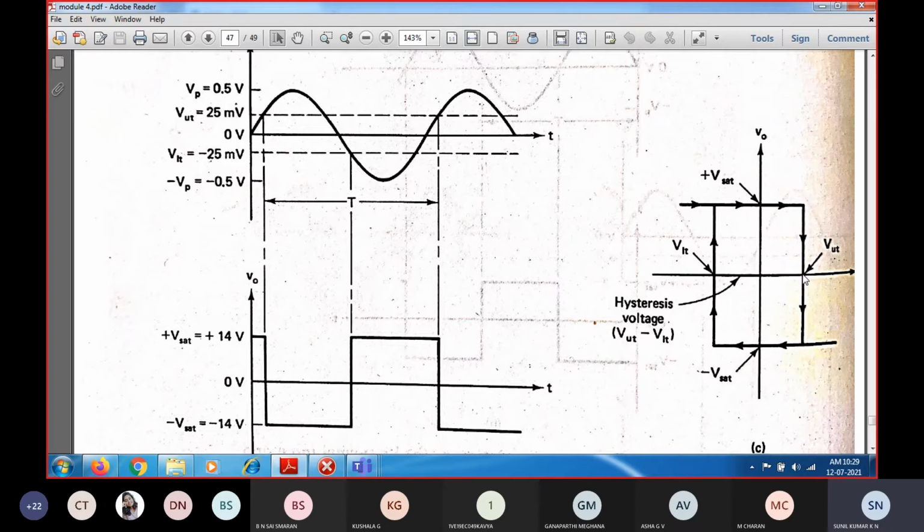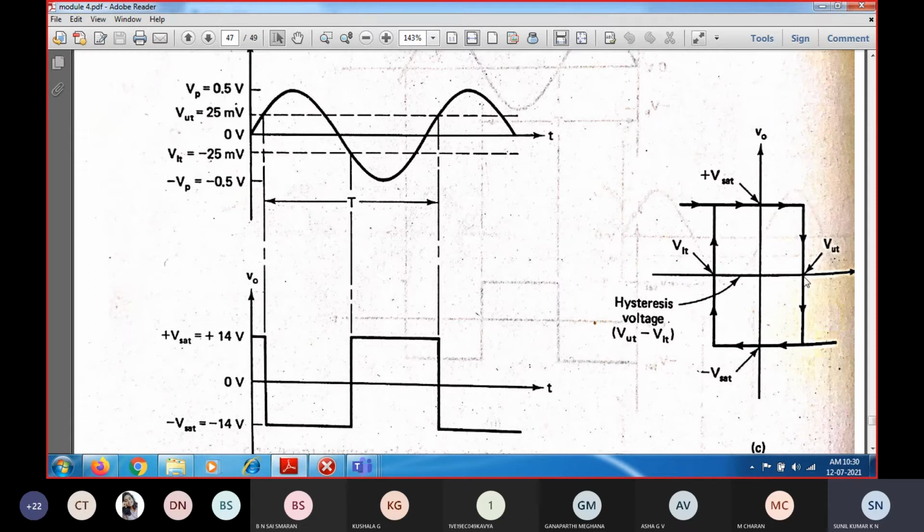Whenever the input becomes equal to or greater than the non-inverting terminal voltage by just 30 microvolts, the output will switch from positive saturation to negative saturation.